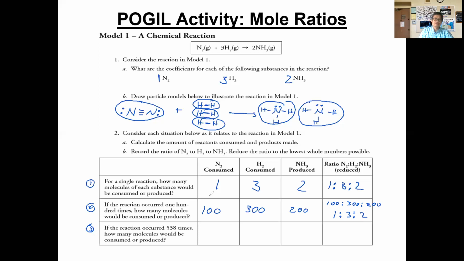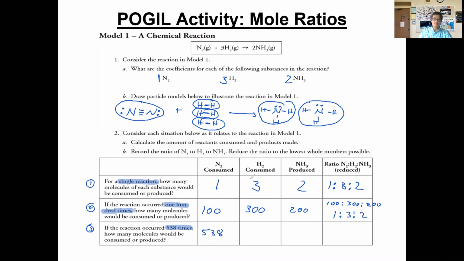Well, let's consider this then. Instead of running it just once in a single reaction, or 100 times, let's say we run it 538 times, which means we need 538 times more. So this is going to be 538 times more nitrogen molecules that we need to start out with.